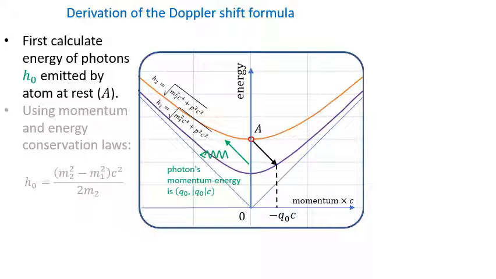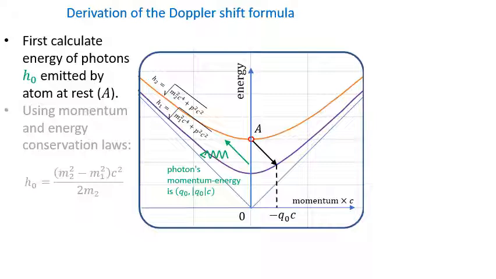Let us now consider the excited state of the atom at rest. This state is represented by the point A in the diagram. After emitting a photon, the atom should end up on the lower energy hyperbola, while both momentum and energy must be conserved.